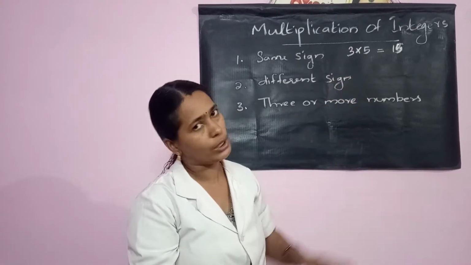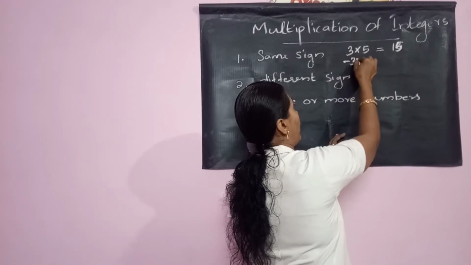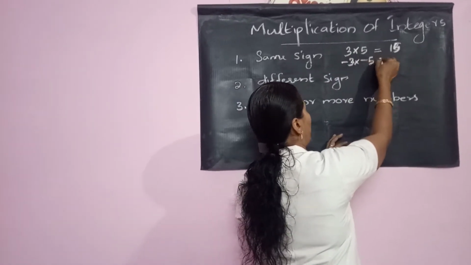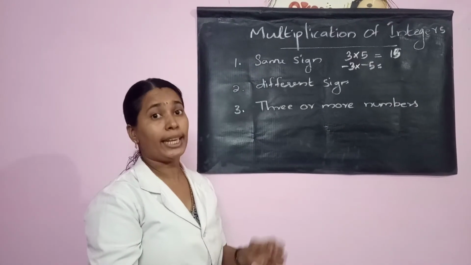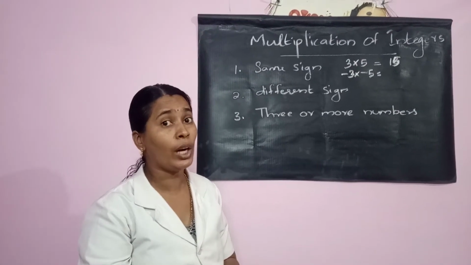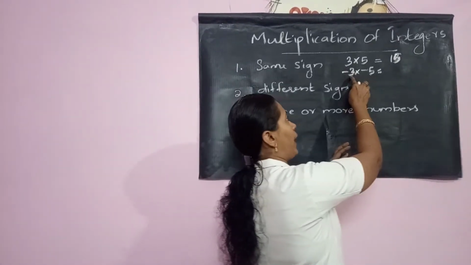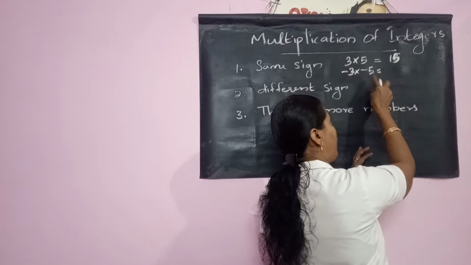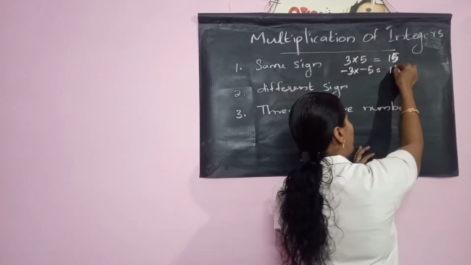Sign is positive itself. And when you consider the same case, when both of them are of negative sign, both of them are of the same sign, what you have to do is take the number part, or absolute values. The absolute value of minus 3 is 3 and of 5 is 5. So the product 3 into 5 is 15.